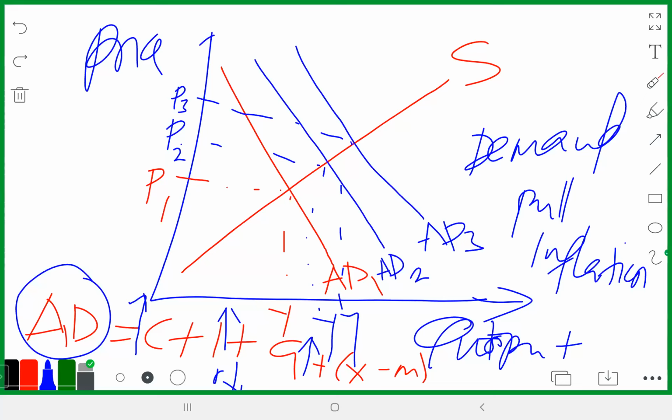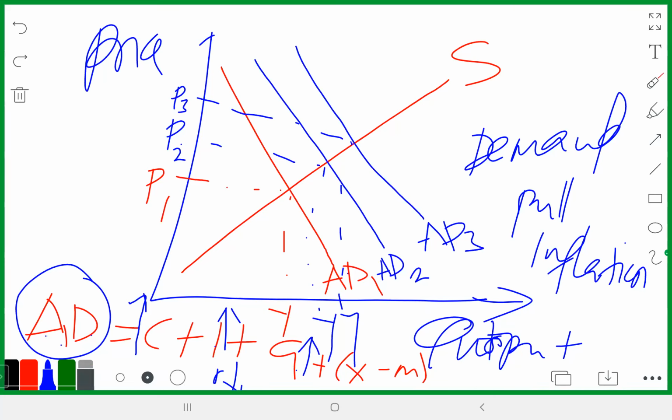So we know that any factor that can cause a change in any of these elements will cause an increase in the aggregate demand. So we did say that if taxes are reduced by the government in an expansionary fiscal policy, consumption will increase. If consumption increases, C increases, keeping other factors constant, aggregate demand will increase.